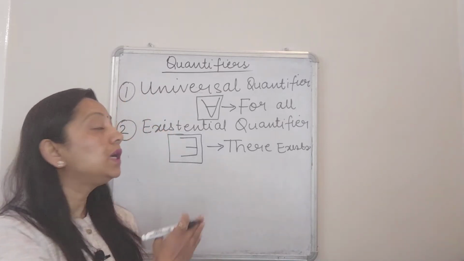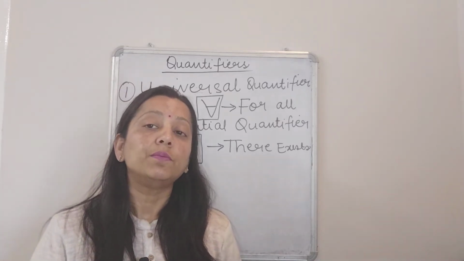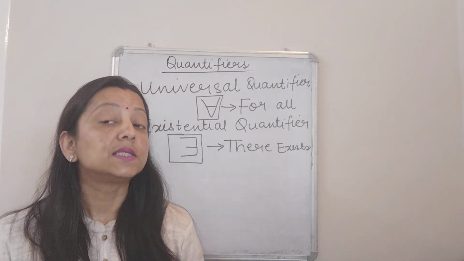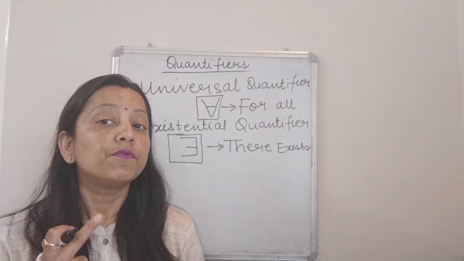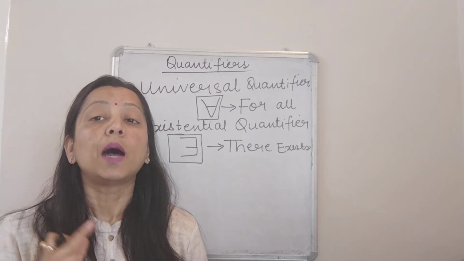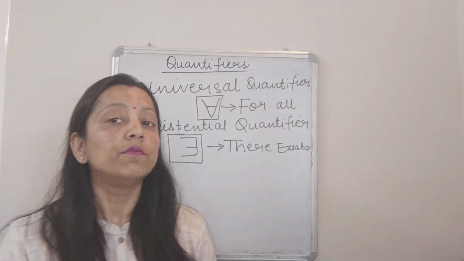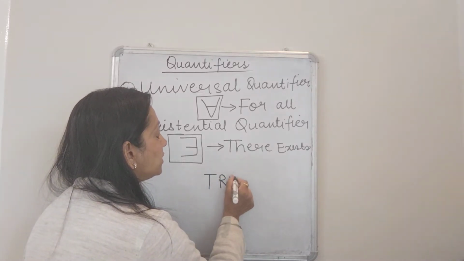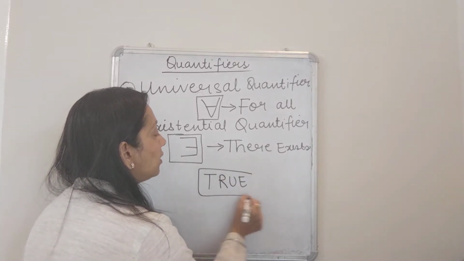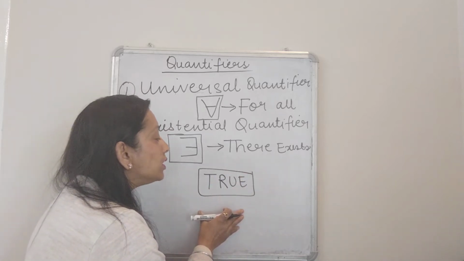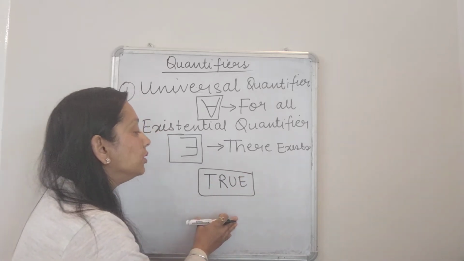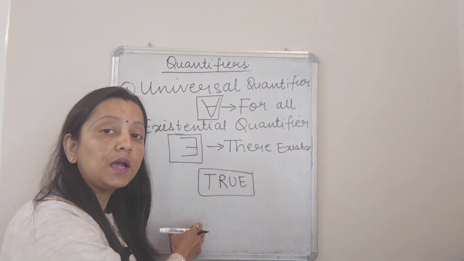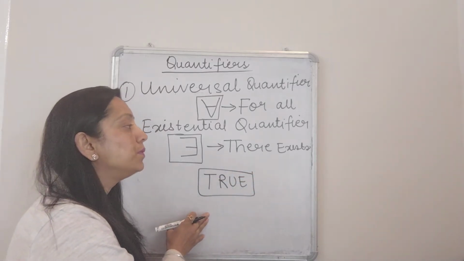But when we convert propositional statements into propositions using quantifiers, my concern is not just a fixed truth value, but a true truth value. That means for a quantifier, if the statement has a truth value true, only then can it be considered as a proposition.